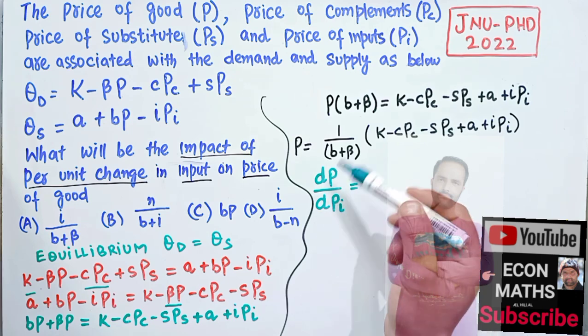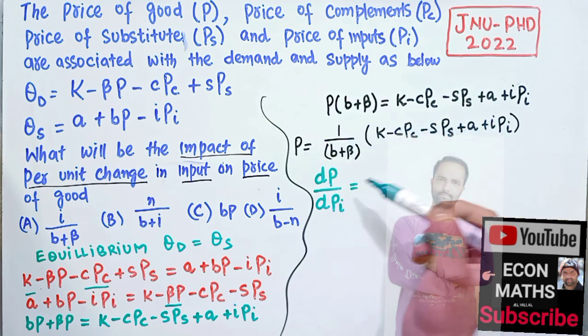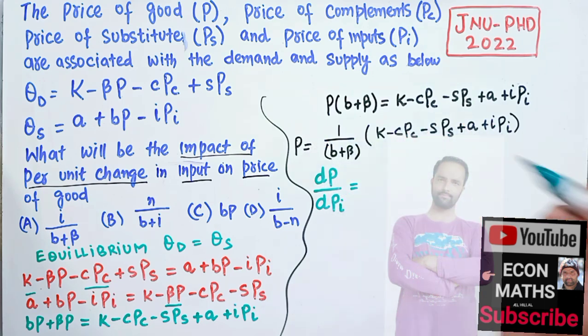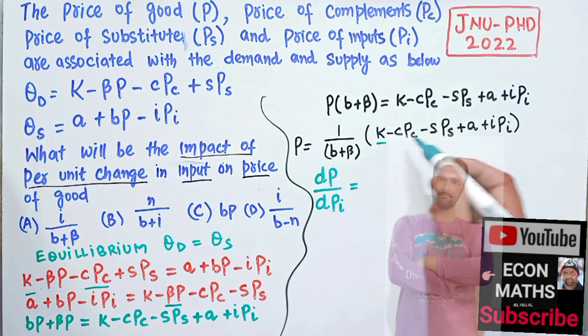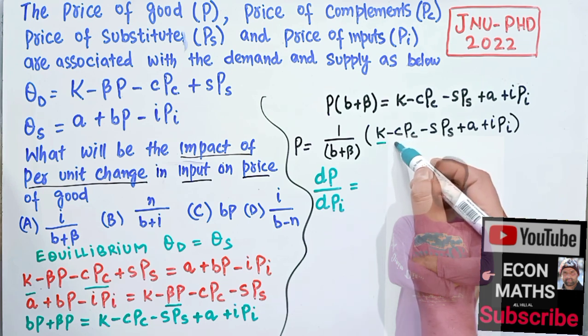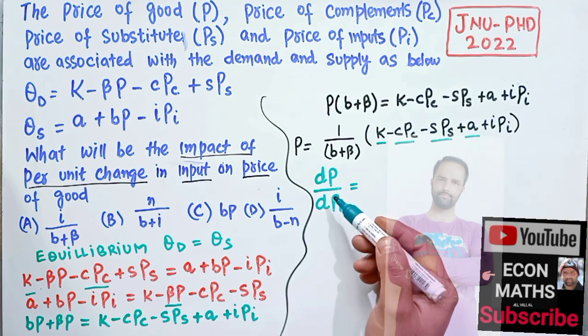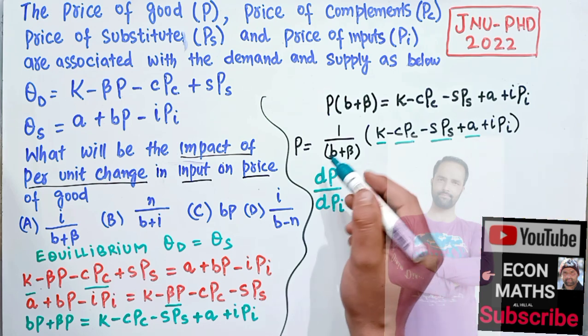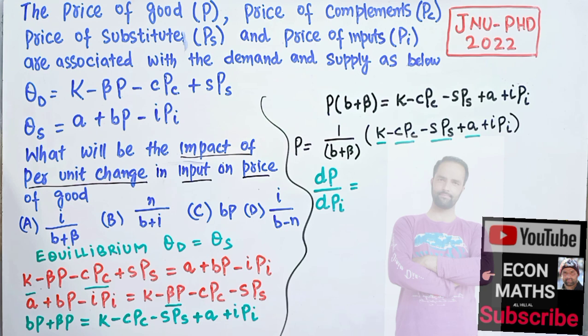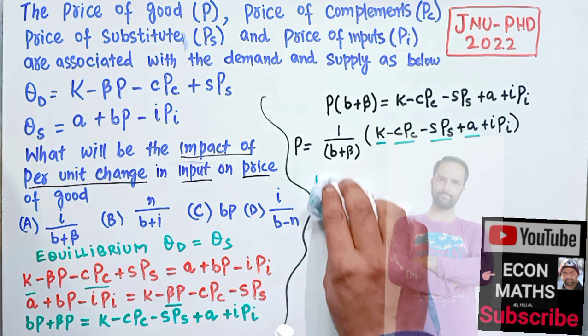Okay, so we have to take the derivative of this function with respect to PI. Here you can see no PI is involved, its derivative is 0, because we are taking the partial derivative. Okay, so let us use the partial derivative script here.